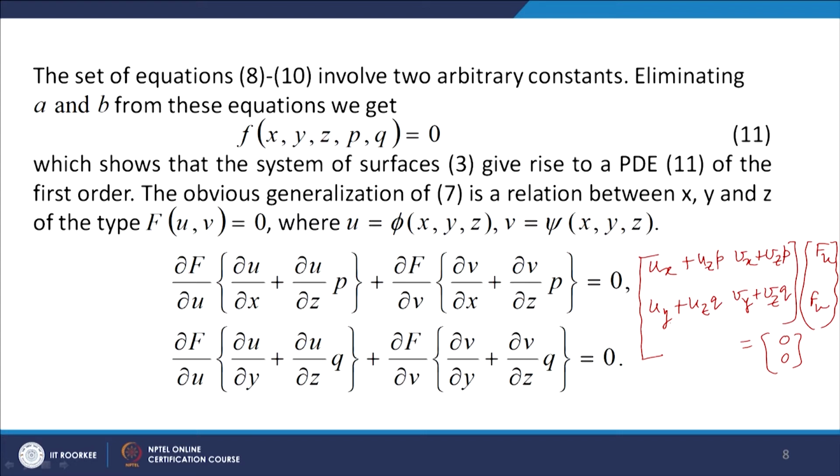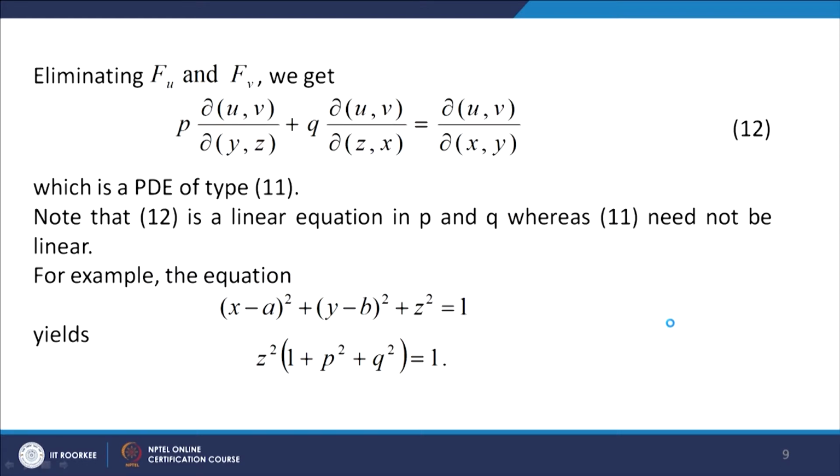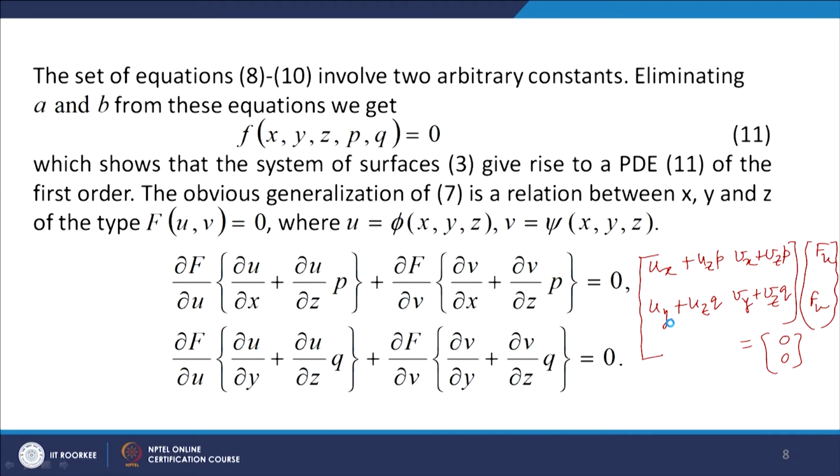So, we have the determinant of this coefficient matrix equal to 0, that is, the determinant with rows u_x plus u_z p, u_y plus u_z q, and then v_x plus v_z p, v_y plus v_z q, equal to 0.